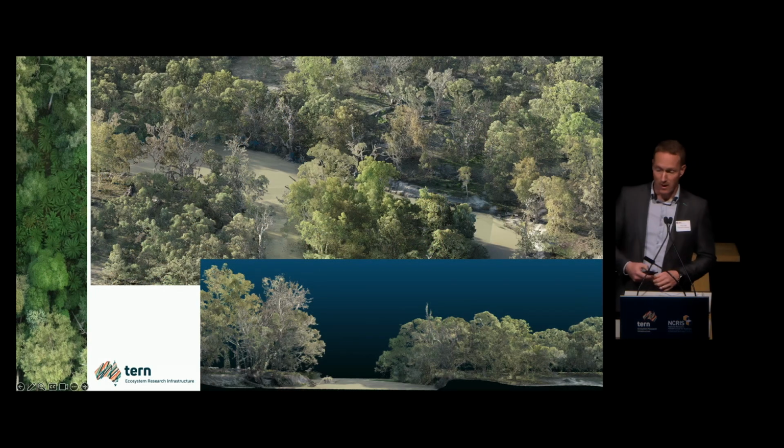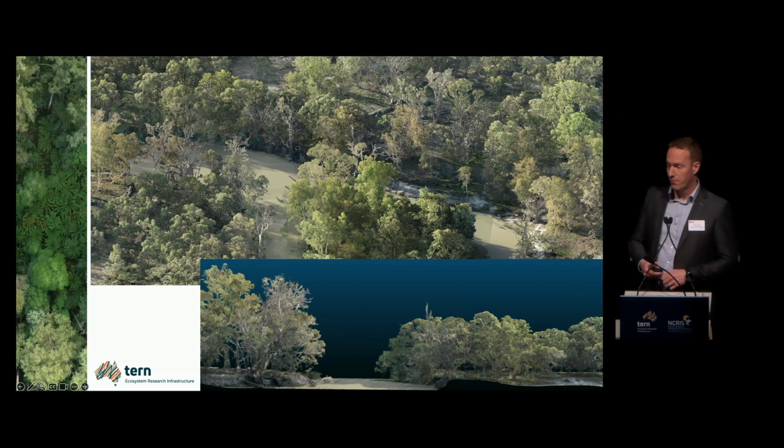We also tested the LiDAR sensor. So here are some snapshots of that same site in a 3D point cloud. The points are colored by RGB colors as observed in the imagery, but you can see the richness in the structure in this data.